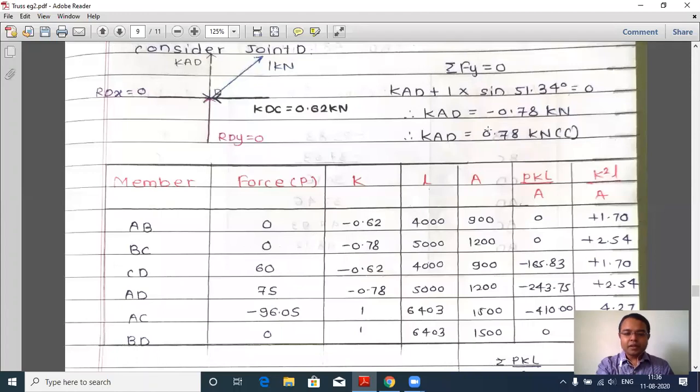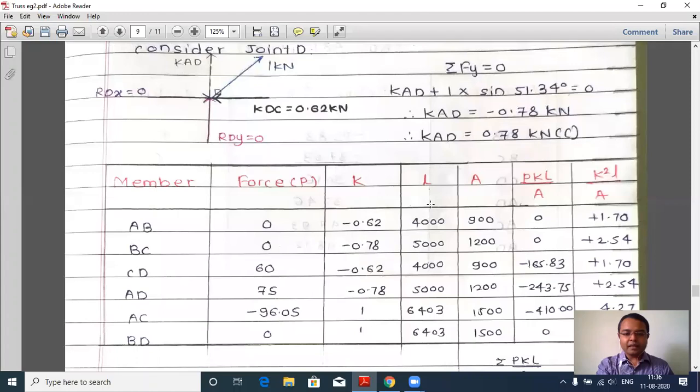On this screen you can see KAD. For the AD member, the K force we are getting is compression, and compression is negative, so here I have written a minus sign. Likewise I have written these P forces and K forces.